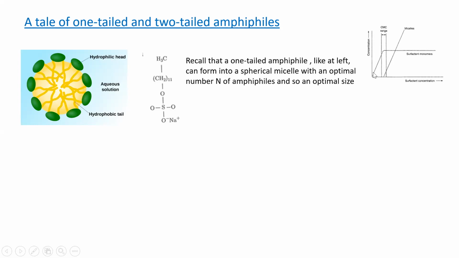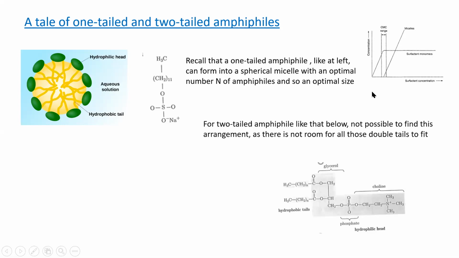Initially, the one-tailed amphiphile concentration increased up to a critical value at which the amphiphiles started to form their structures with optimal N, and then after that, the N-amphiphile micelles started to dominate, and the amphiphile monomers leveled off.